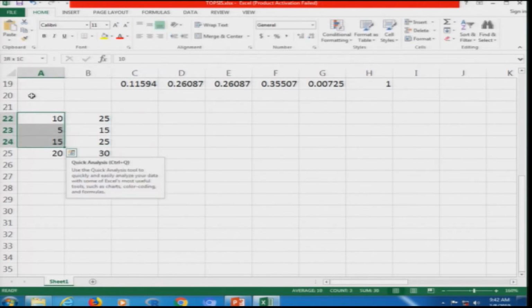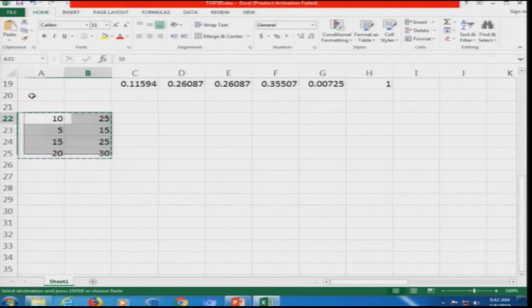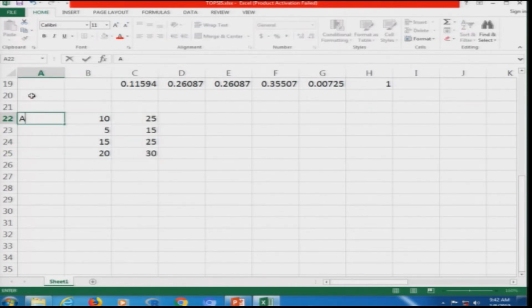I should also mention the labels, A1, A2, so it will be easy for you to understand. These are the alternatives, and obviously the criteria.